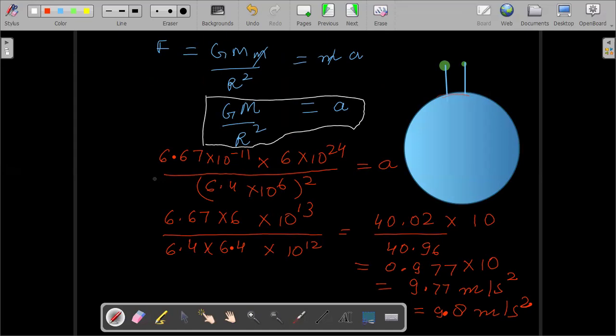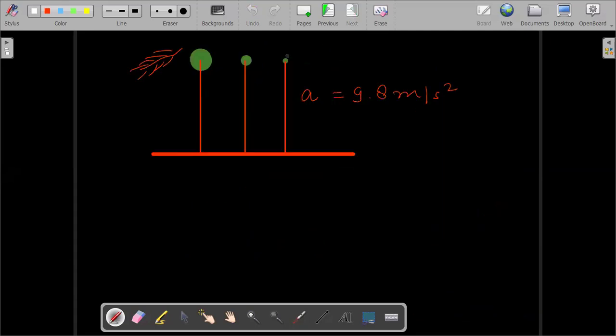No, sir. So there is no factor of mass. We should be observing all of these falling at the same time.